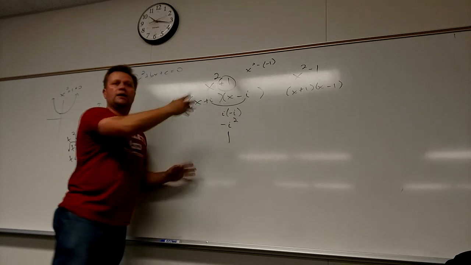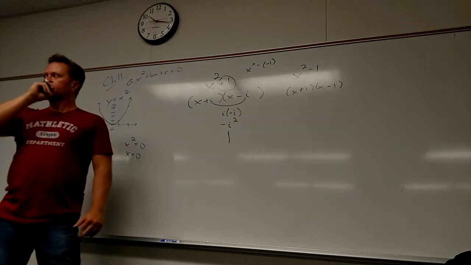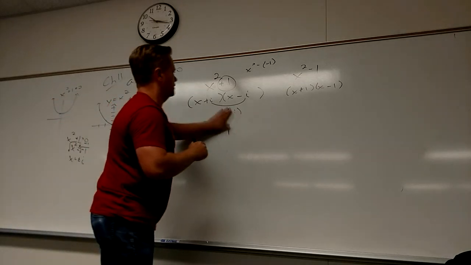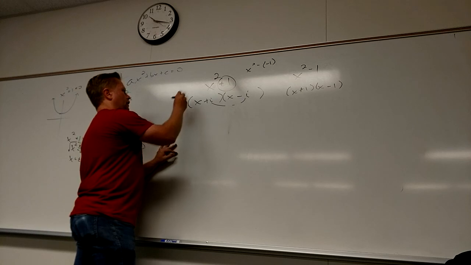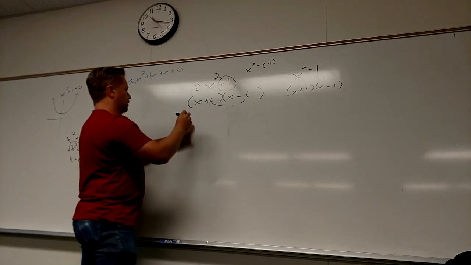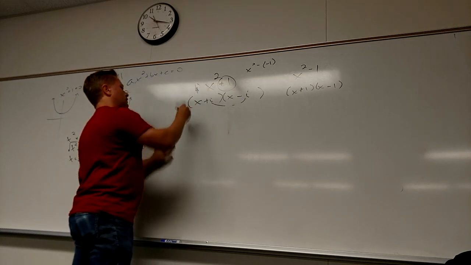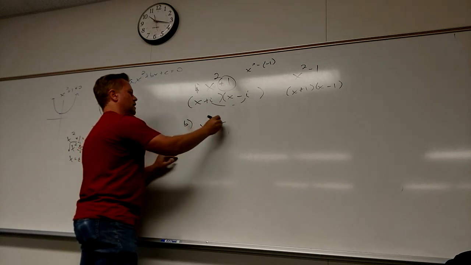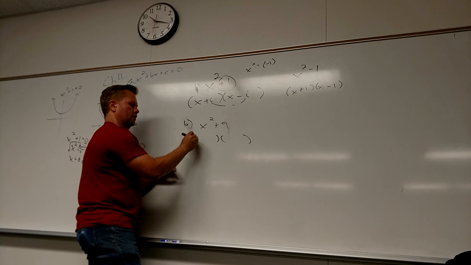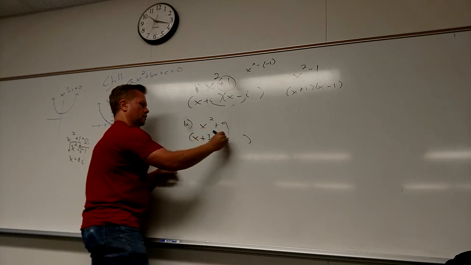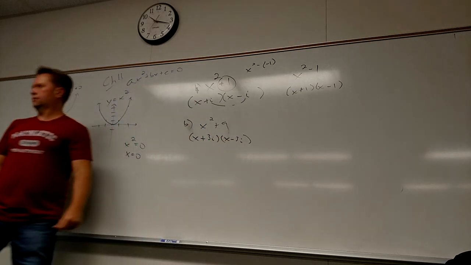So this is now possible. Let me see if you guys get this. So I can factor x squared plus 1 as x plus i, x minus i. How would I factor x squared plus 9? x plus 3i, x minus 3i. Yeah.